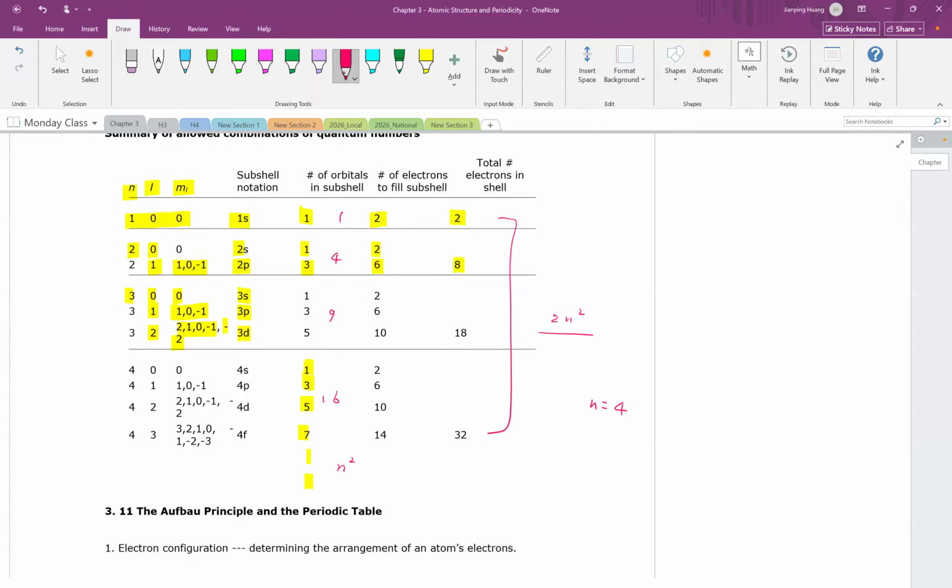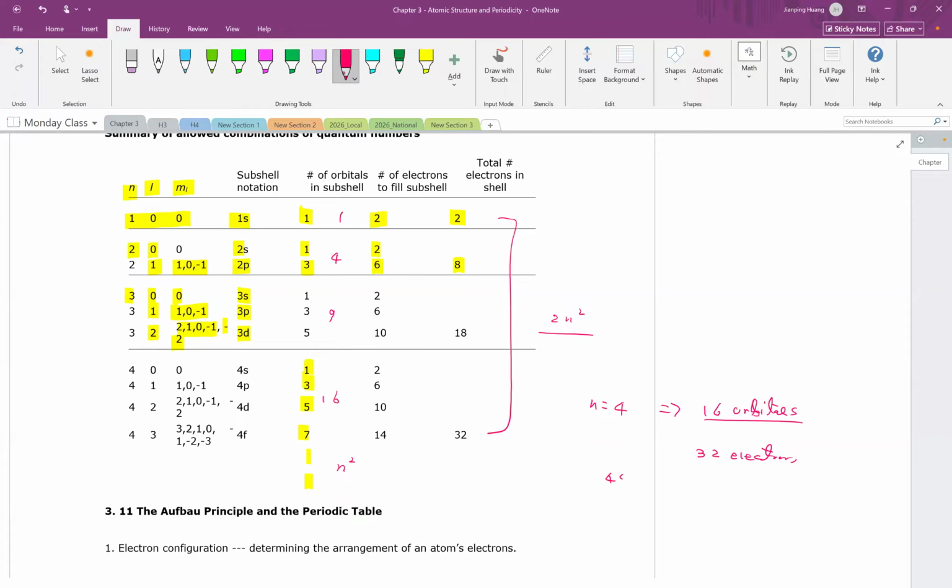How many electrons can hold? You will have 16 orbitals, and you can hold up to 32 electrons.